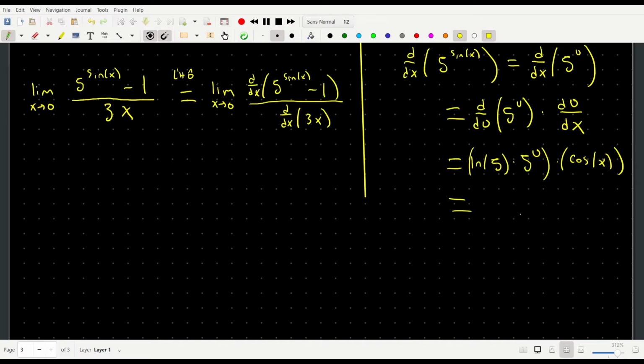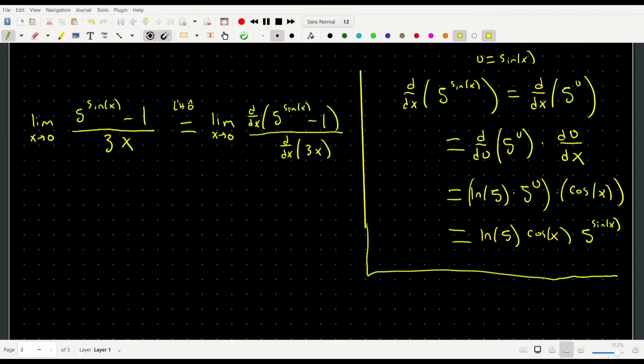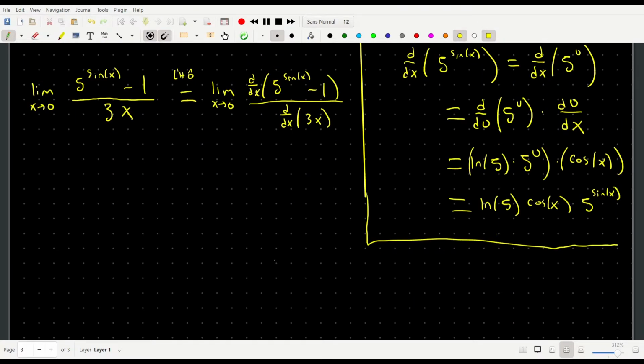So the result here is natural log of 5 times cosine of x times 5 to the u, which is 5 to the sine of x. And now that we've done this important work right here, we can continue with our application of L'Hopital's rule.